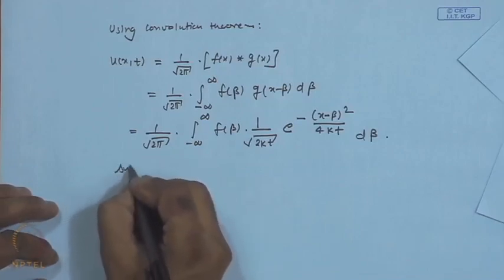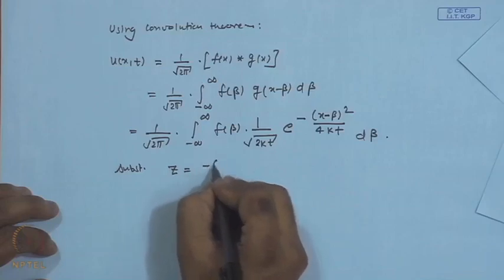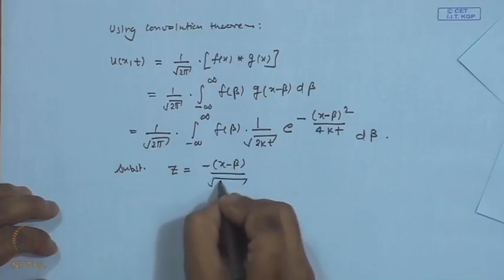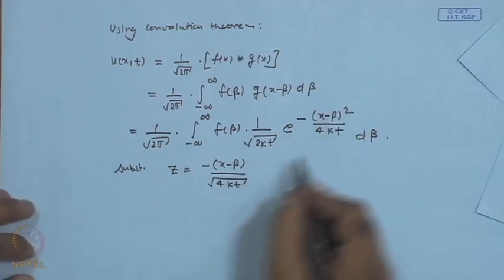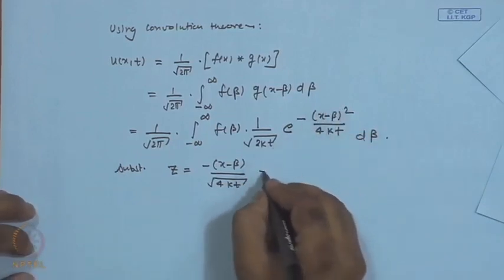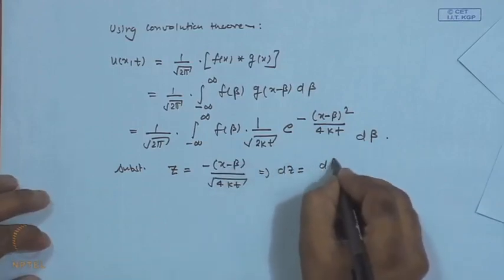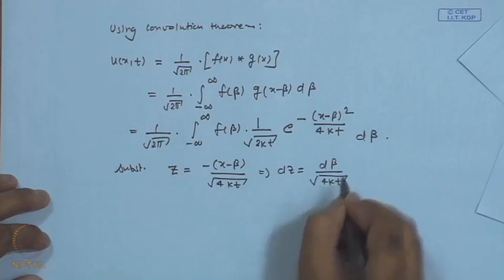Again, a little simplification we can make if we take z equal to minus (x minus beta) over square root 4kt, so that we have the square again. So, this dz will be d beta over square root 4kt.